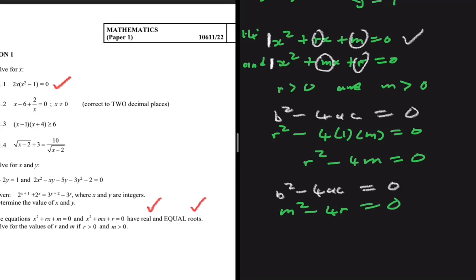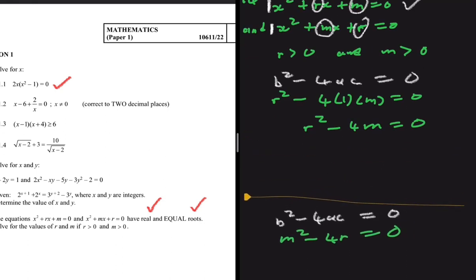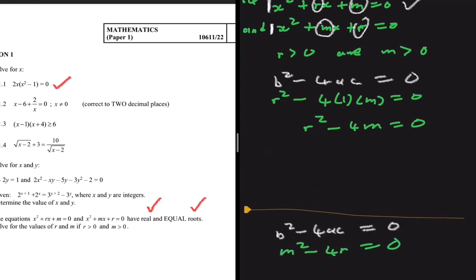We're supposed to find the values of r and m, and we have two equations. We know what to do when that is the case. We can make m the subject of the formula in the first equation, right? We can do that by saying that minus 4m is equal to minus r squared. So m is equal to r squared divided by 4.